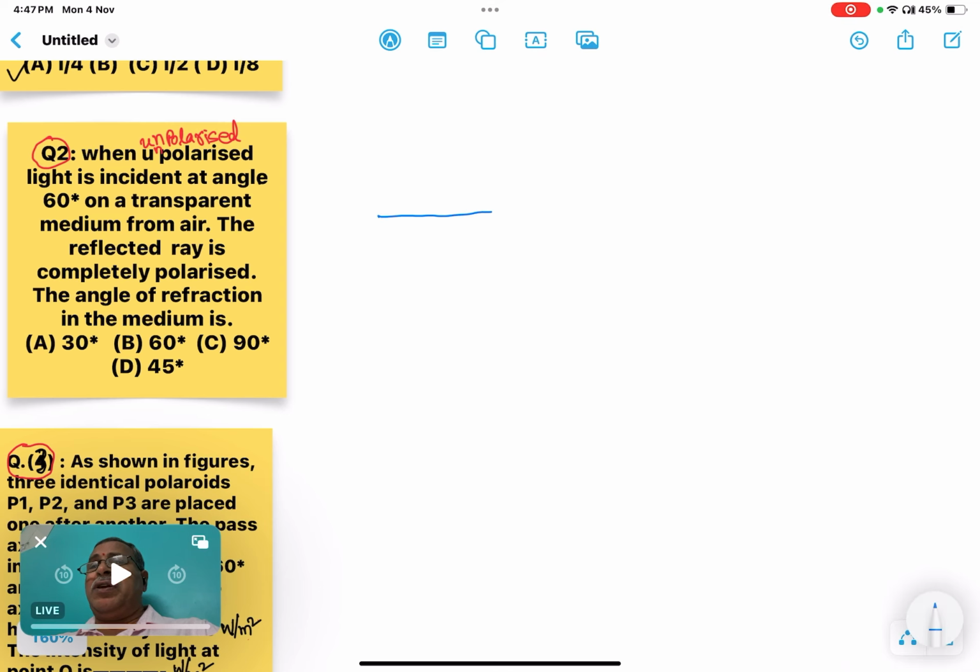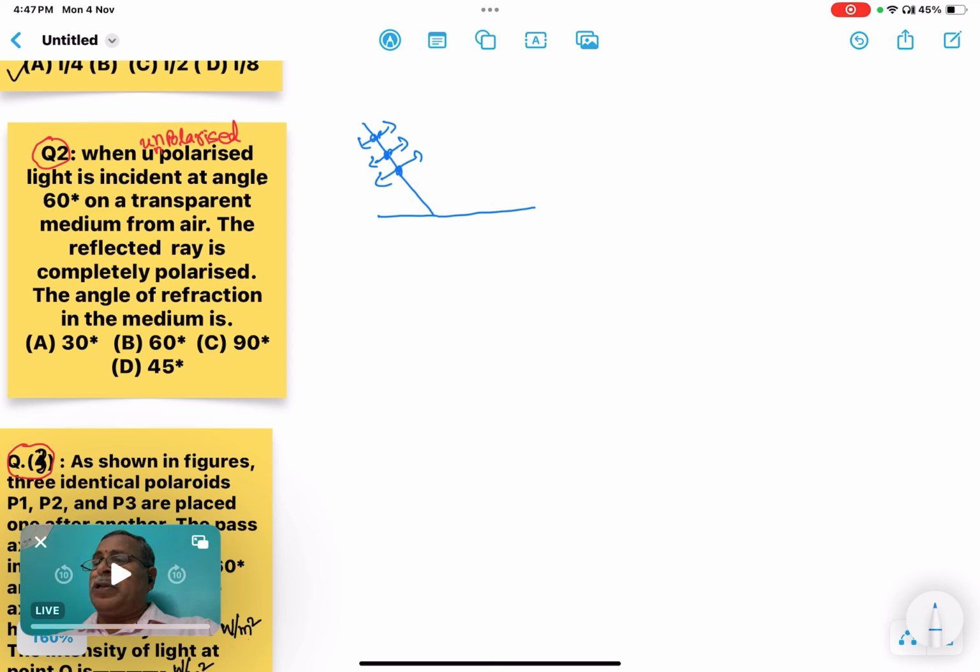On this surface, some light is falling, a glass plate, whatever it may be. So this is initially ordinary light, having pi components and sigma components. So 100% intensity of light is falling on the glass plate at an angle of 60 degrees.